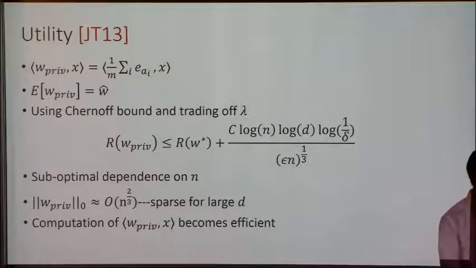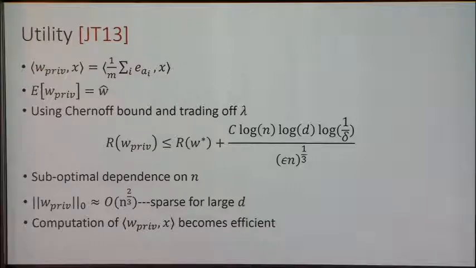Even a non-private algorithm will have log dependence on D. However, our dependence on N and epsilon is very poor here. In particular, our dependence on N is something like 1/3, which is certainly suboptimal, and it is certainly an open problem to make this better.